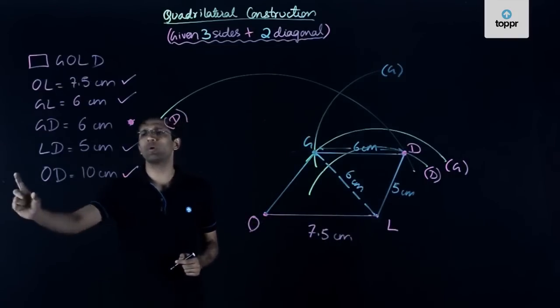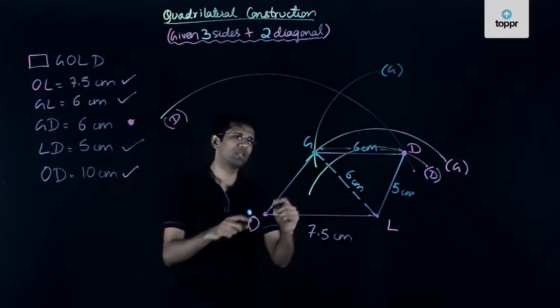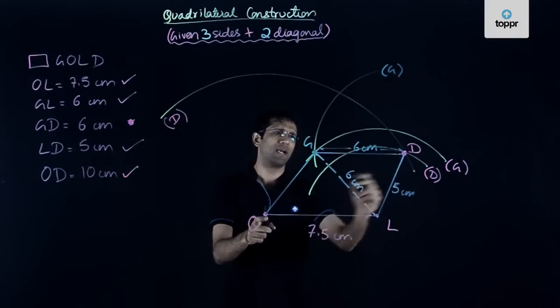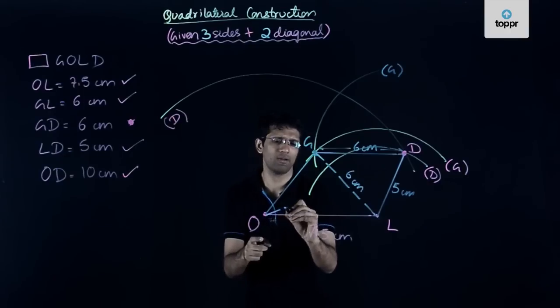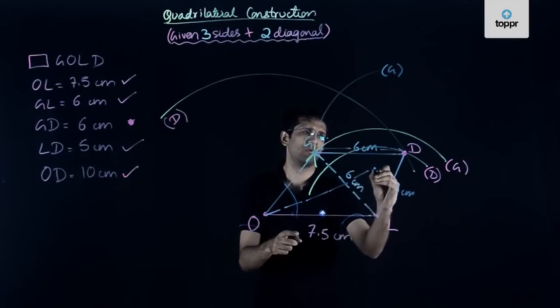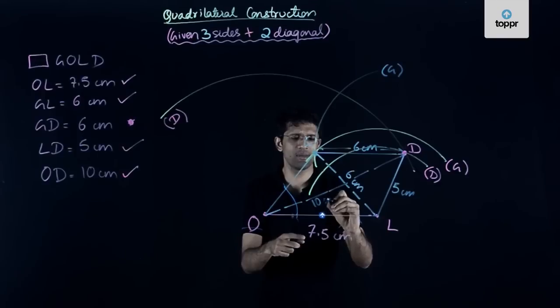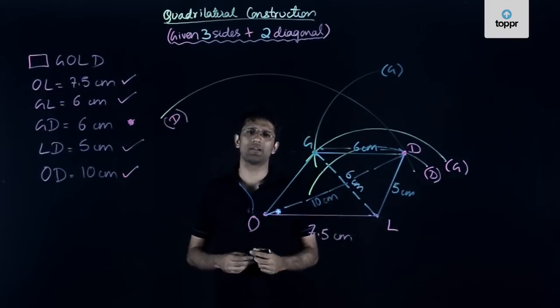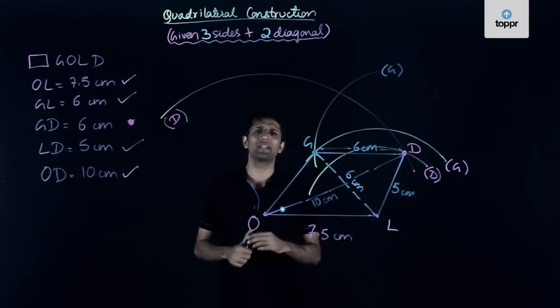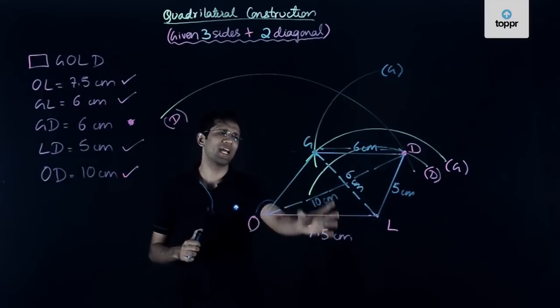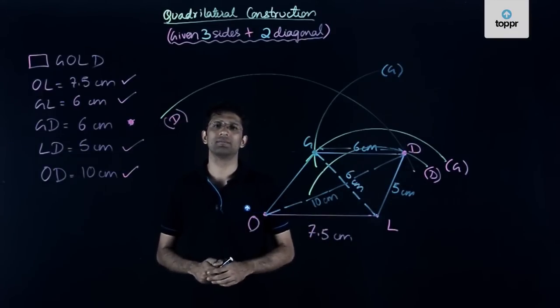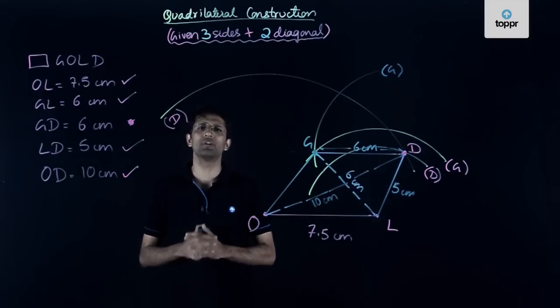Lastly, we have OD equal to 10 centimeter, and we know that OD is this diagonal, and so we can also draw this diagonal and label it as 10 centimeter. So now our entire quadrilateral is ready with the sides labeled accordingly. This brings us to the end of the solution to this question.